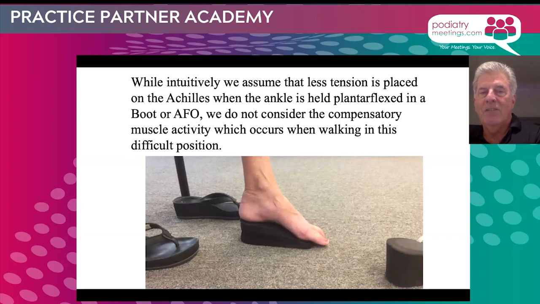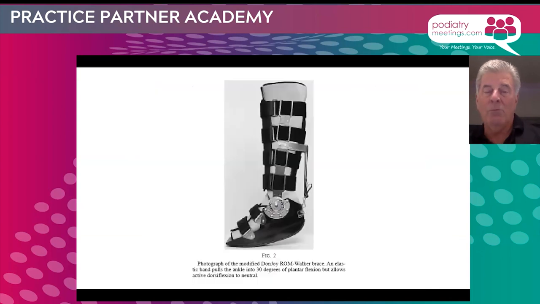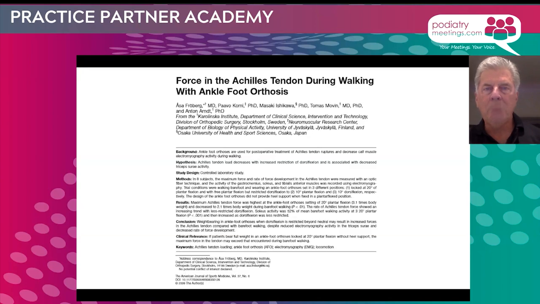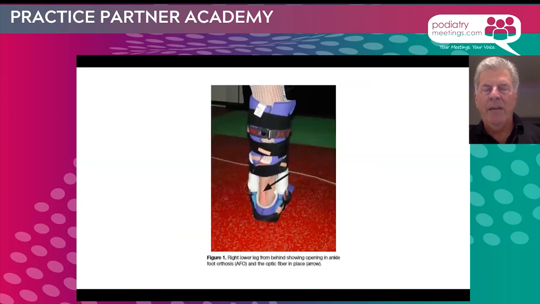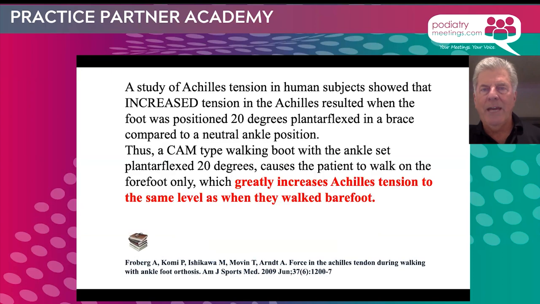There is an interesting study about what happens when you put them in one of these adjustable cam boots that forces the patient to walk on the front of the boot only. Interesting study done in Sweden, and they put an actual strain gauge within the Achilles itself of subjects, and they had them walk in a plantar flex boot versus barefoot.